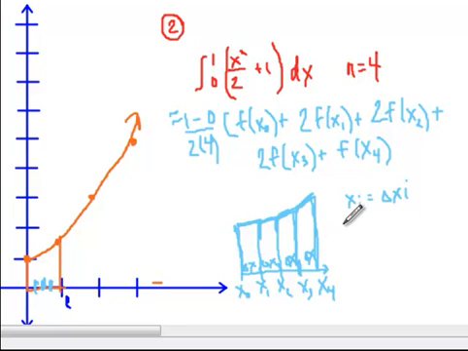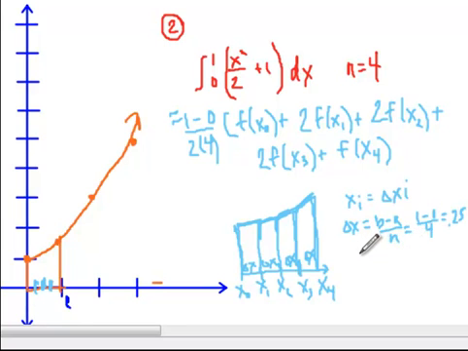What I'm going to go ahead and do is calculate delta x. Once again, that will be given by your b minus a all over n. So it would be 1 minus 0 over 4, so 0.25 is what I'm going to say.